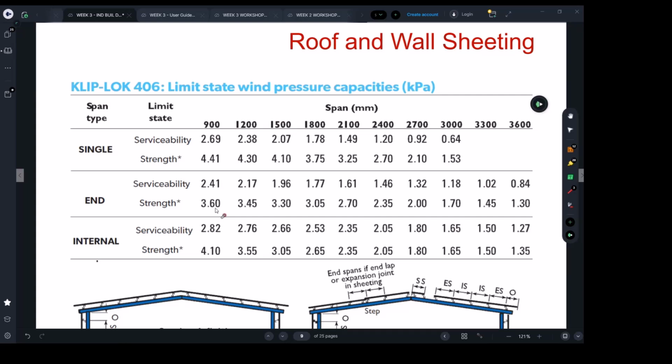If the spacing is bigger, then the allowable pressure is going to reduce. If your engineer put the spacing of the purlins at 1.5 meters, and the pressure was 3.7 or 3.6, you cannot use it, because they're telling you the maximum end span.